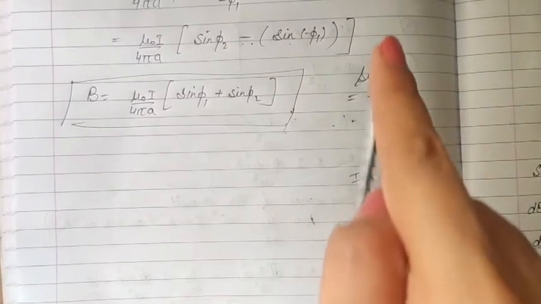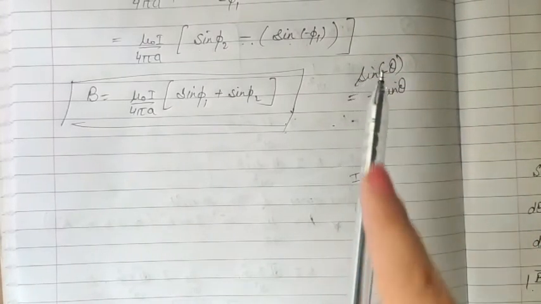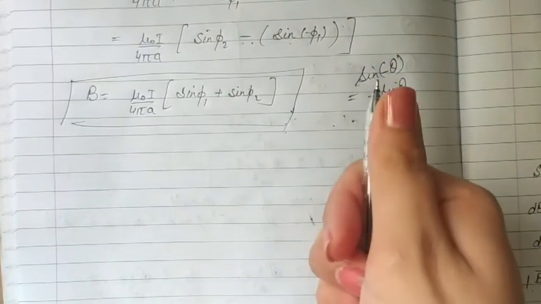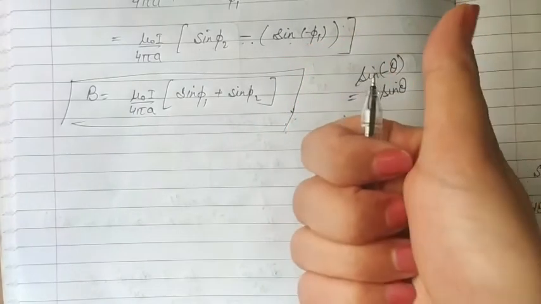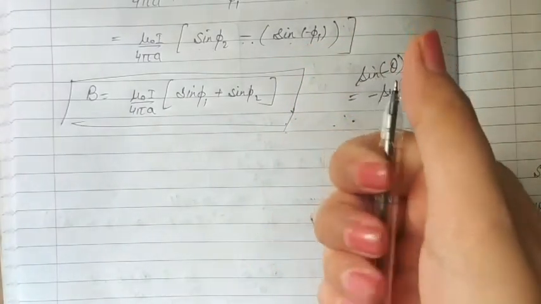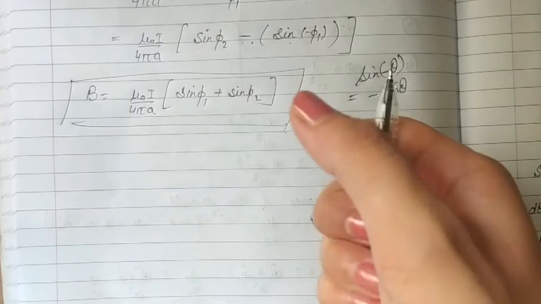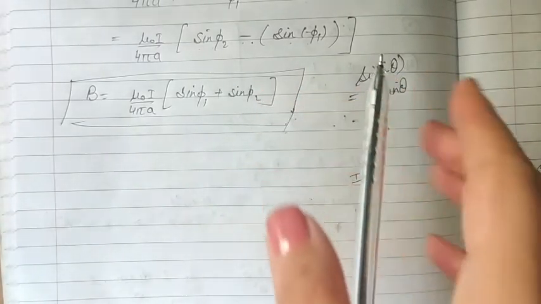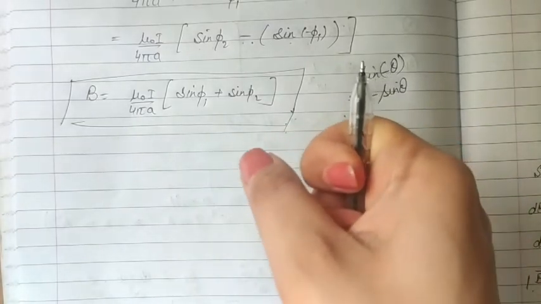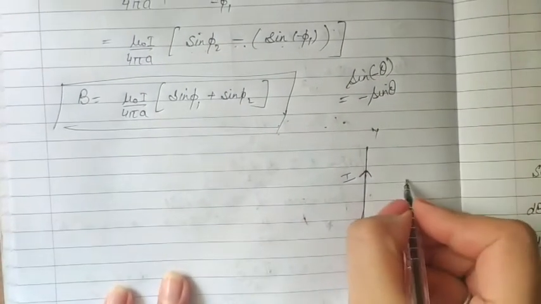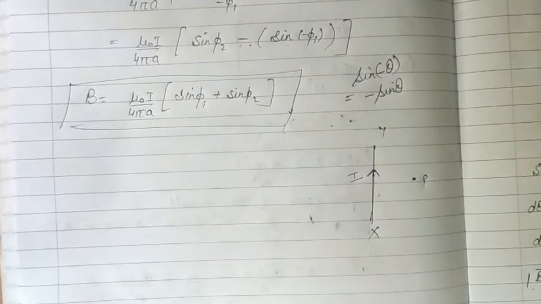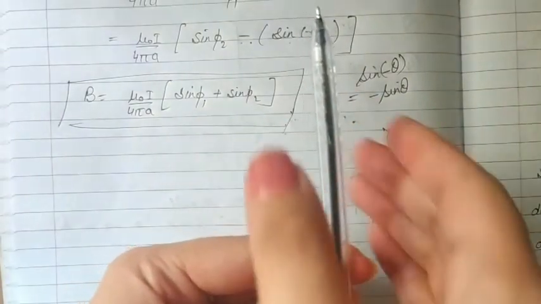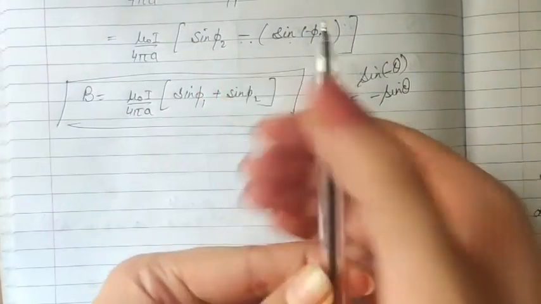If current is flowing from X to Y and I hold it from my right hand such that thumb points in the direction of current, the direction of my fingers curling across this pen or the conductor gives the direction of magnetic field at the observation point. So observation point is somewhere here, P, and we hold it like this, right? So the fingers are going inside the paper.